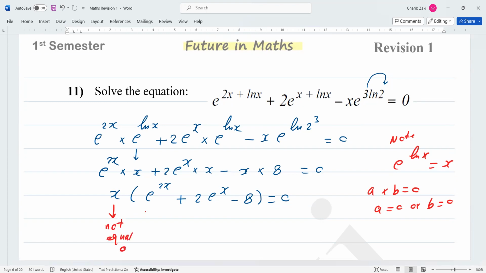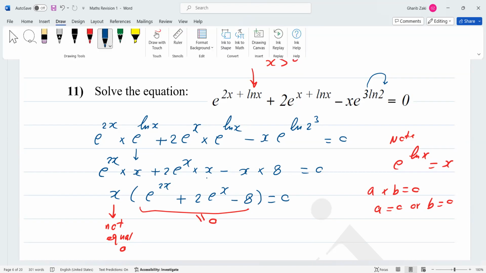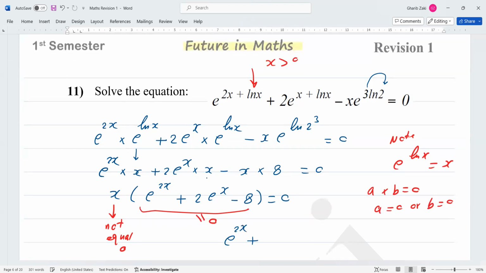Why? Because it's ln x. We have here ln x. X must be positive, not 0. Then the bracket itself equals 0. So only the bracket e power 2x plus 2 e power x minus 8 equals 0.